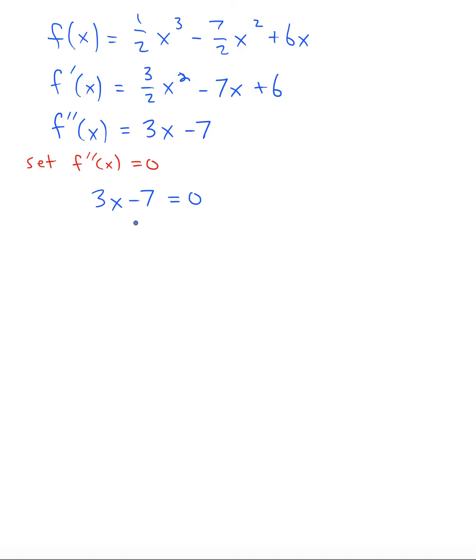Okay, we'll solve it. Divide by 3, divide by 3. x equals 7/3.